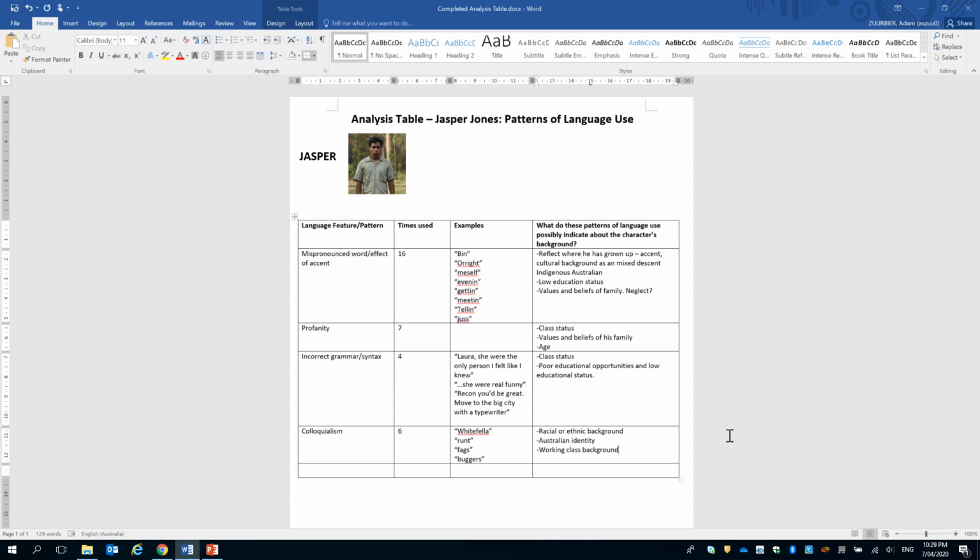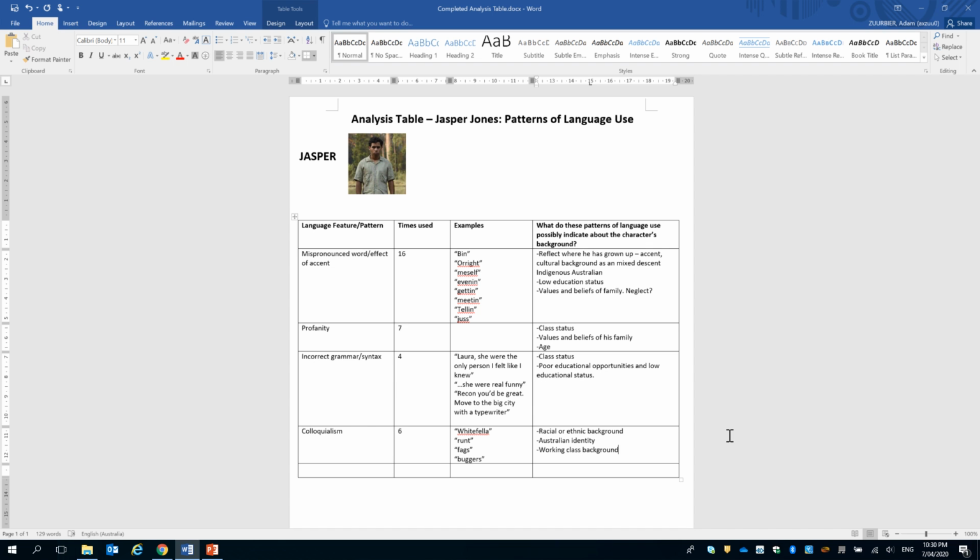So his incorrect grammar or syntax, that definitely is reflective of the educational opportunities that he's been given as an Indigenous boy, and his relatively low educational status. It also reflects most likely his class status and the lack of values around education that he's probably grown up with in his family.